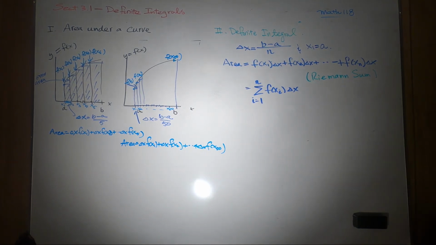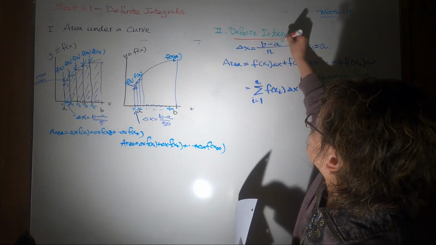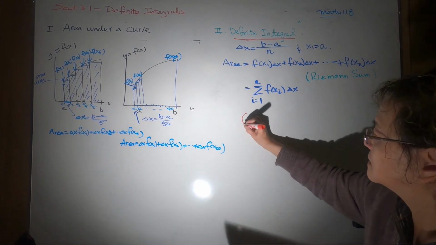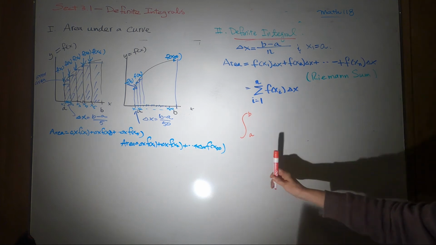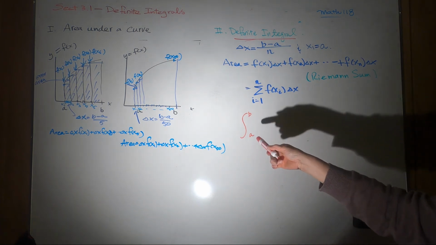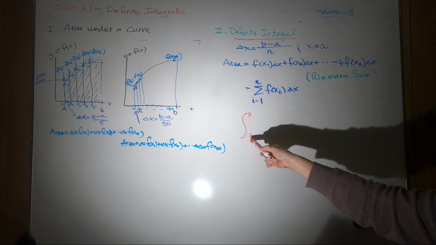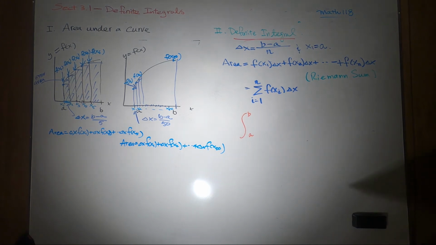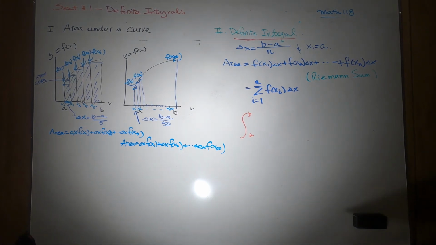Okay? Then for the definite integral from point A to point B for x, we write a symbol this way. It's a definite, known, fixed area from point A to point B, on the x axis. All right, and this one is what?